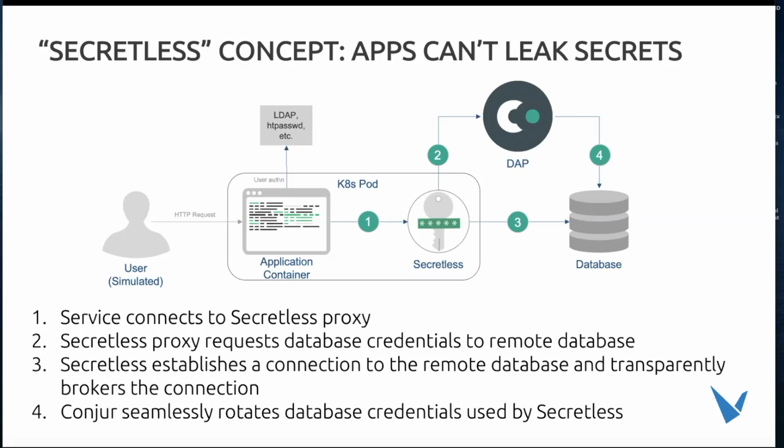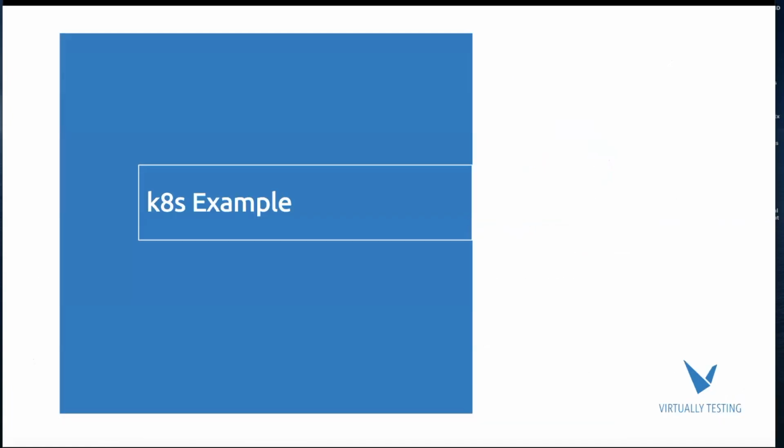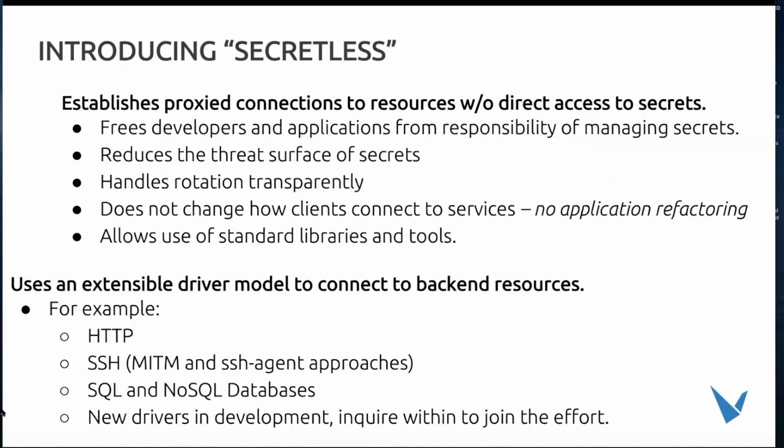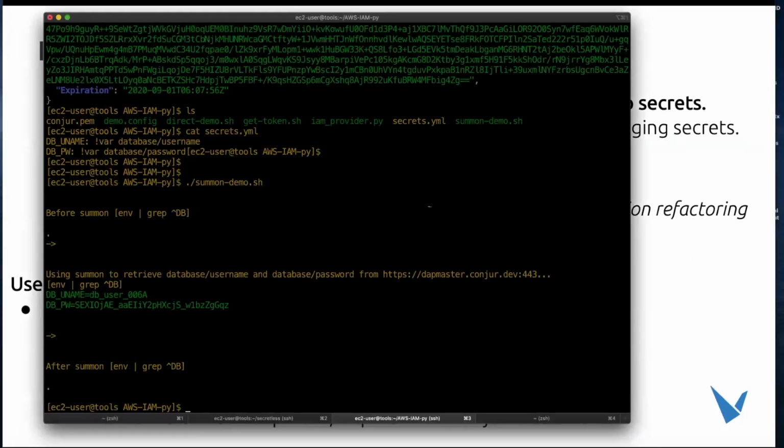We can make HTTP requests as we would normally, with Secretless actually proxying and brokering the requests for us and injecting the credentials. We can allow other facilities in concert with Conjur to manage those credentials, rotate them on the target for us, and we can just go about our business of making requests for connections. Okay, let's go take a look at Secretless in action.